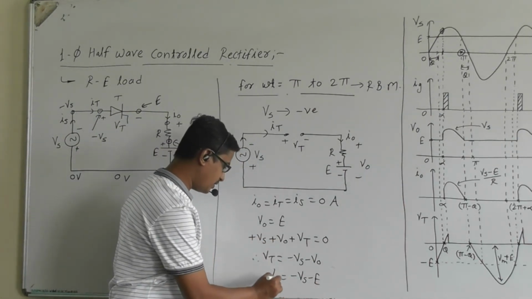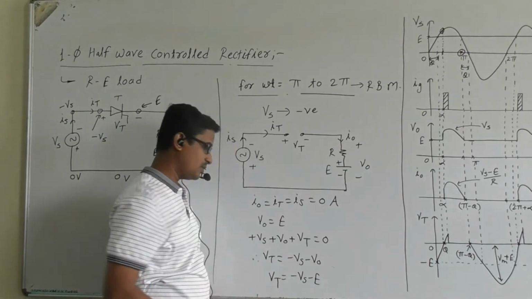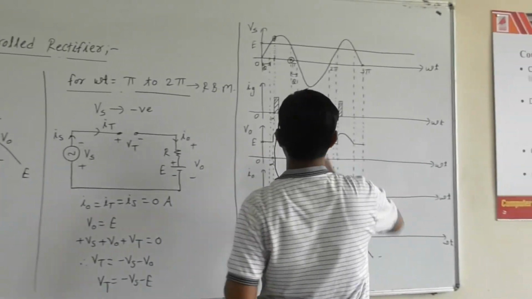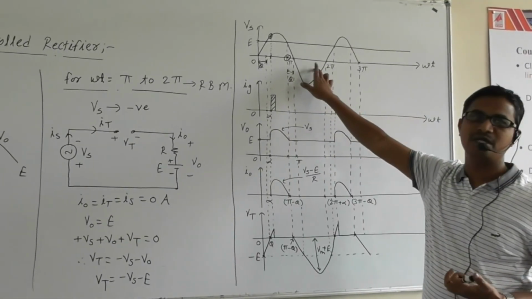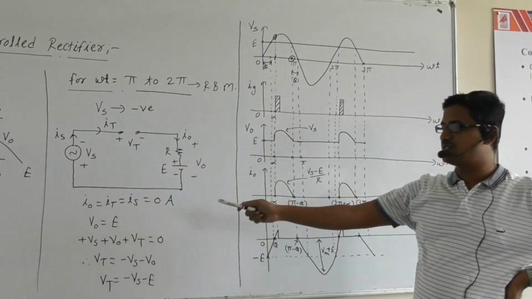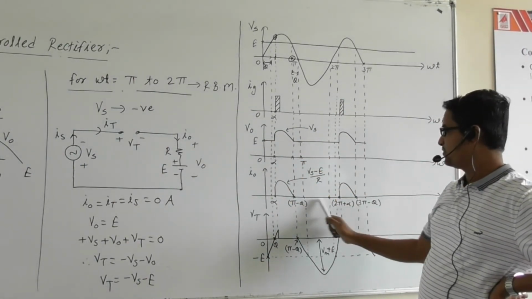This is Vt, voltage across thyristor. If you check from omega t is equal to pi to 2 pi, Vs is negative. V0 is equal to E only. I0 is 0.